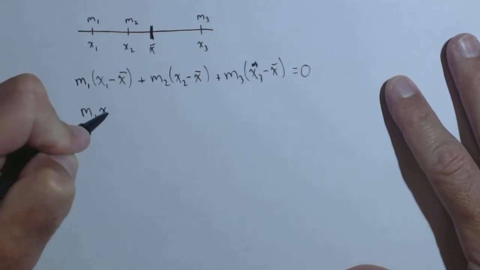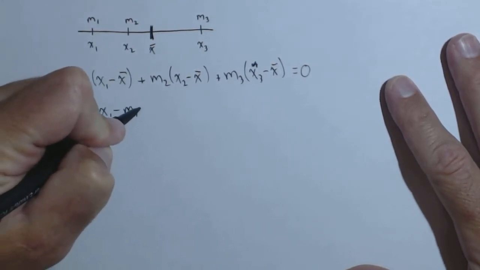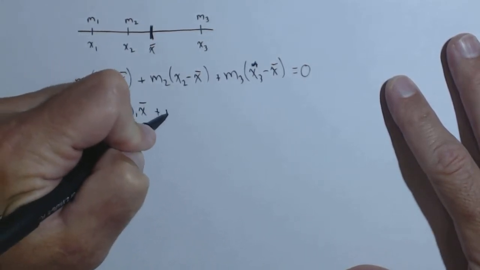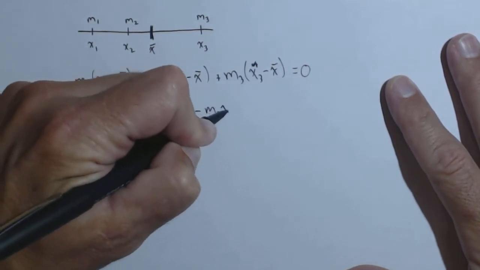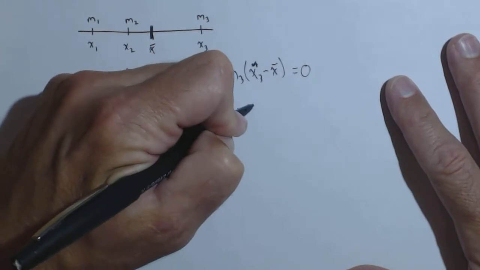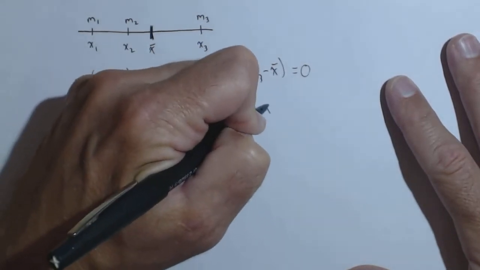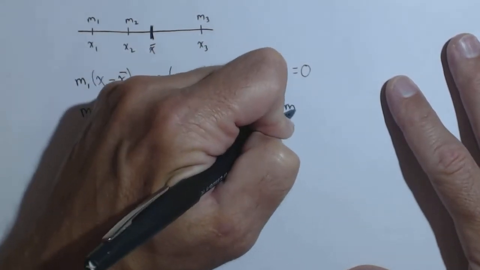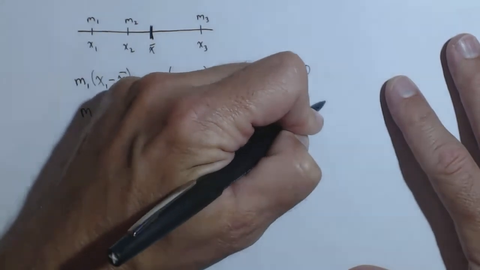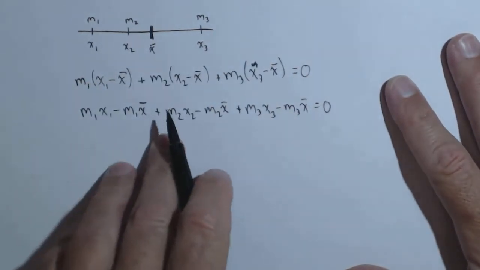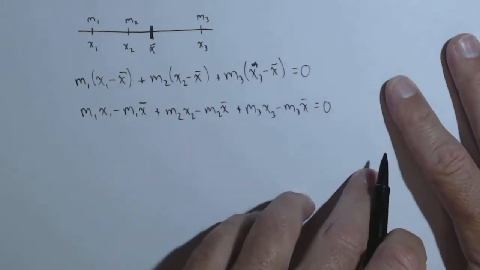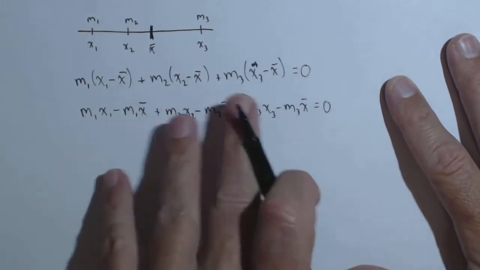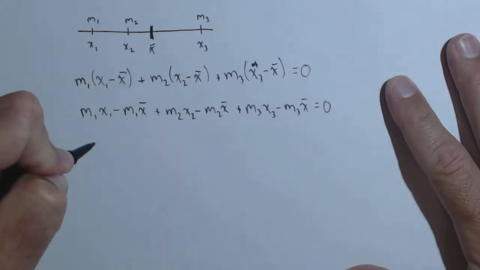So m1 x1 minus m1 x bar plus m2 x2 minus m2 x bar plus m3 x3 minus m3 x bar equals 0. All those terms with a negative on there I'm going to put on the right hand side. All the terms without x bar or a negative I'm going to leave on the left hand side.